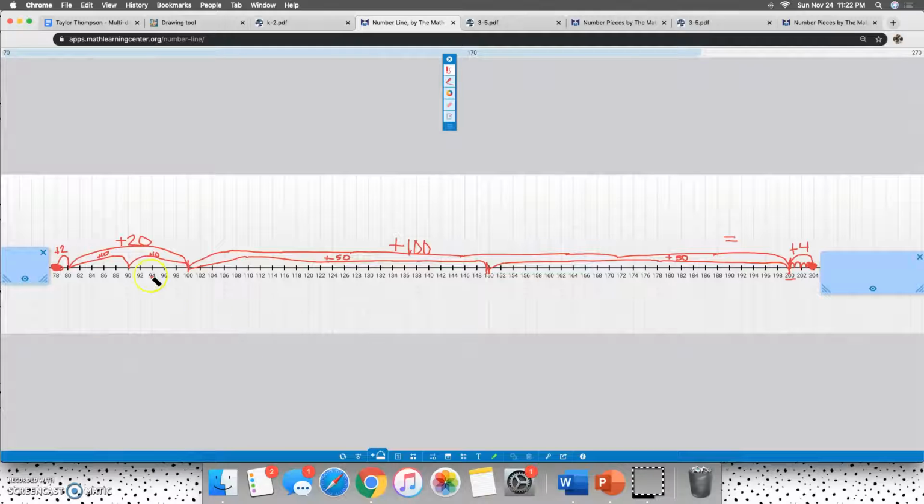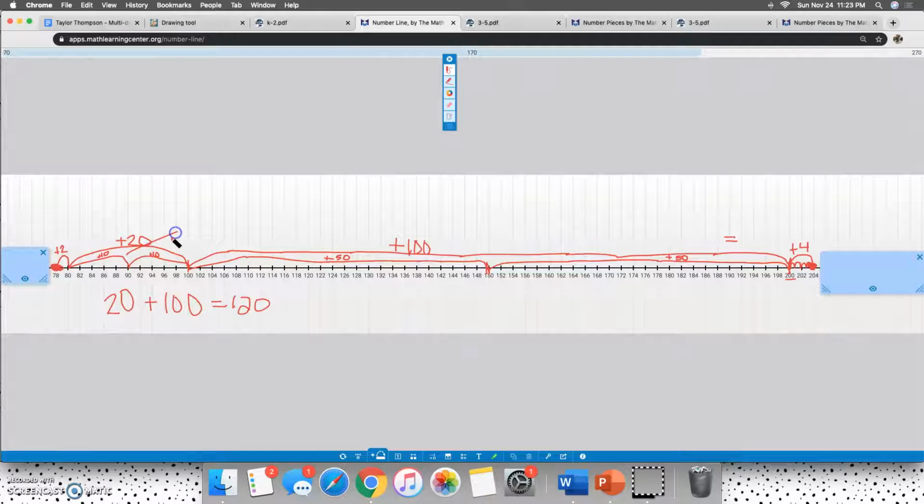Lastly, the student will notice that they have jumped as much as they can between 78 and 204, and they know that's the number that they're looking for. So the student is going to add together the amount of places that they jumped. They can do this in their head, they can write it out, they can use different things such as their fingers or objects, manipulatives, anything to figure this out. So they will benchmark tens and hundreds first. So 20 plus 100 equals 120.